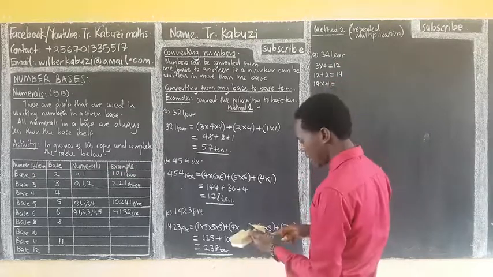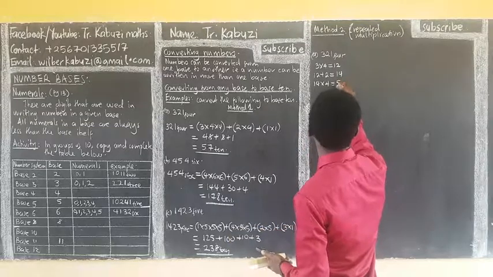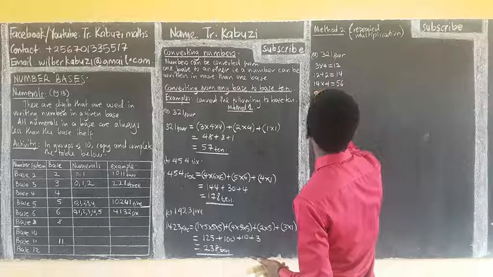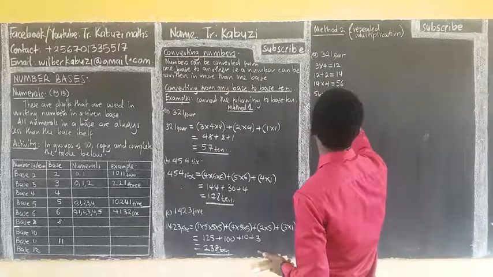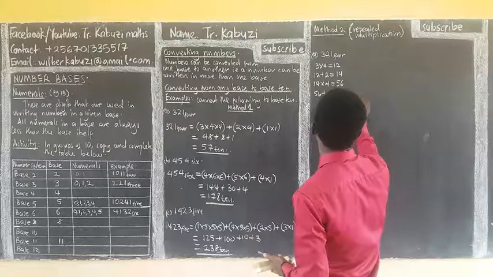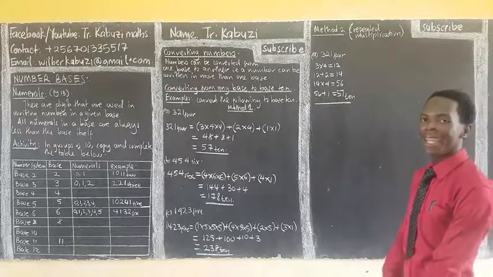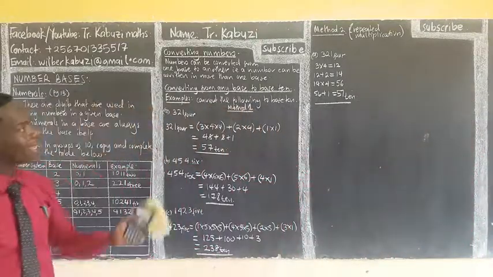And the answer there is 56. Then we add 1, so we get 56 plus 1, and the answer is going to be 57. And this is in base 10, and there we are through. So that's the second method, repeated multiplication. That's how we handle it.